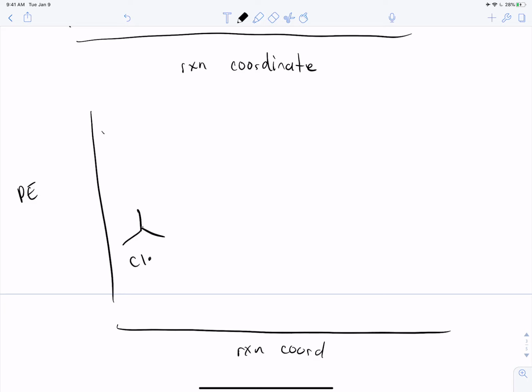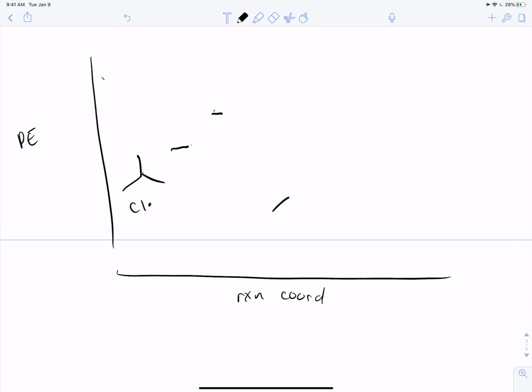The result of this is that it raises the potential energy of the starting material to where now the starting material is much closer to the transition state than the radical product. So you still have radical products that are well differentiated. The potential energy difference in the product doesn't change, or at least we can assume it doesn't change that much.